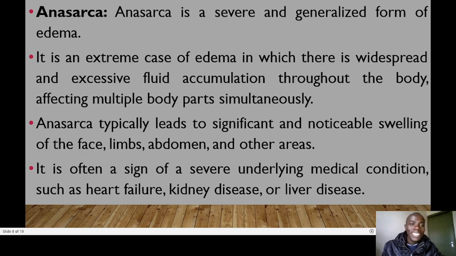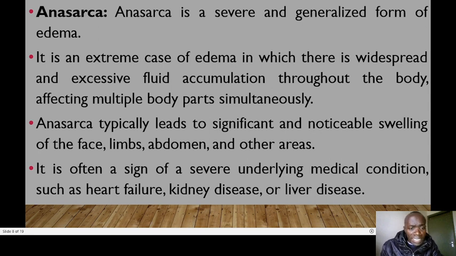So we have this concept of Anasarca, and Anasarca is a severe and generalized form of edema. It can be an extreme case of edema in which there is widespread and excessive fluid accumulation throughout the body, affecting multiple parts simultaneously. So it's not just the lungs only, nor the peripheral only, but multiple parts, Anasarca.